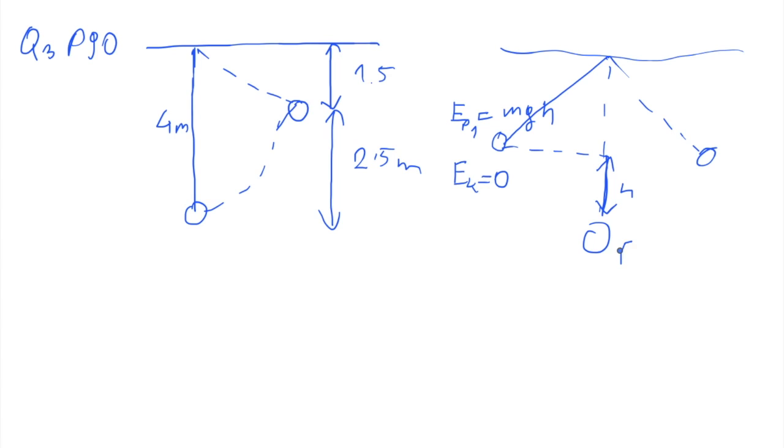We can say that kinetic energy is equal to mv squared over 2, but the potential energy can be said to be 0 because the pendulum dropped its all height. And then the pendulum swings back again, going this direction. So its potential energy comes back to be equal to mgh.